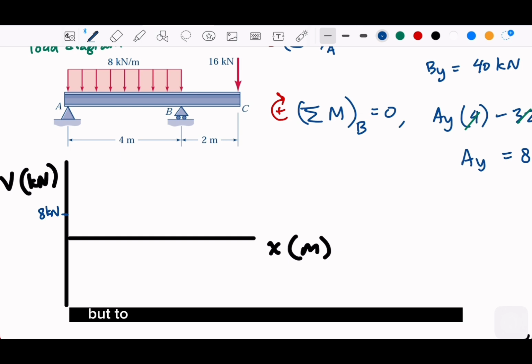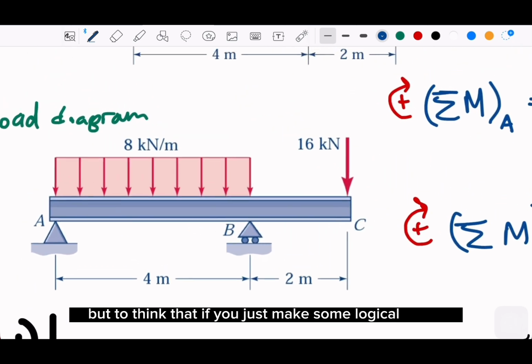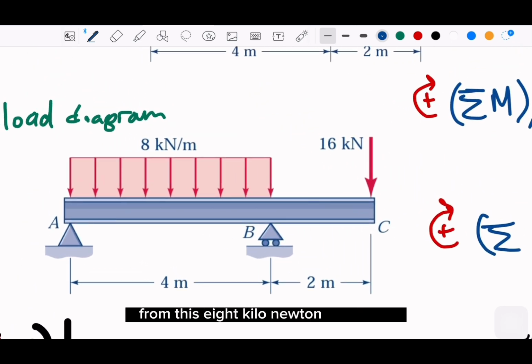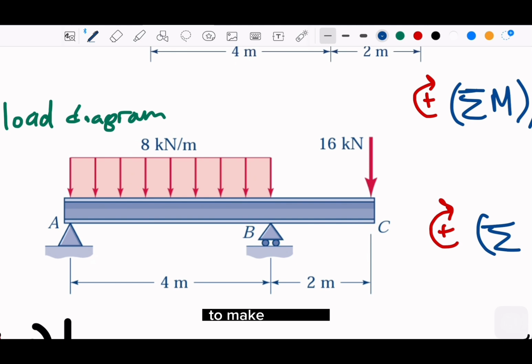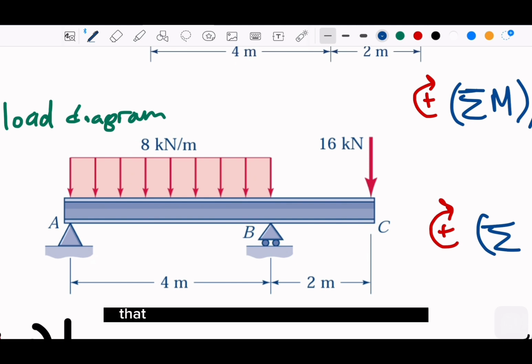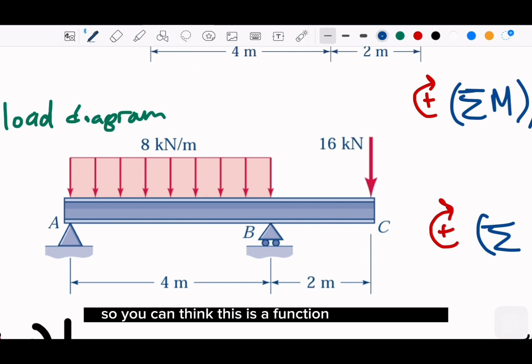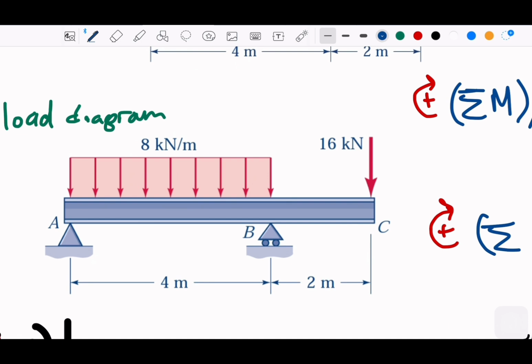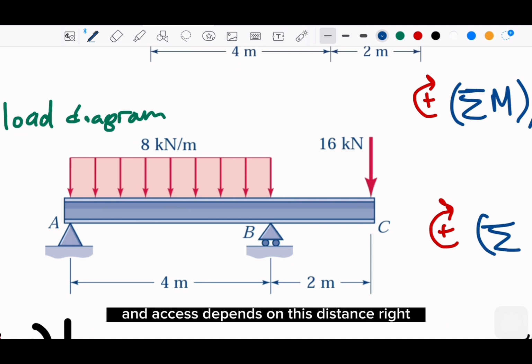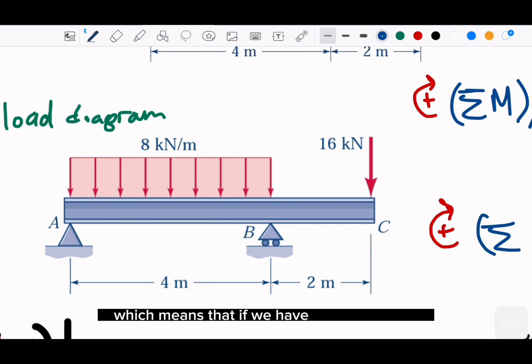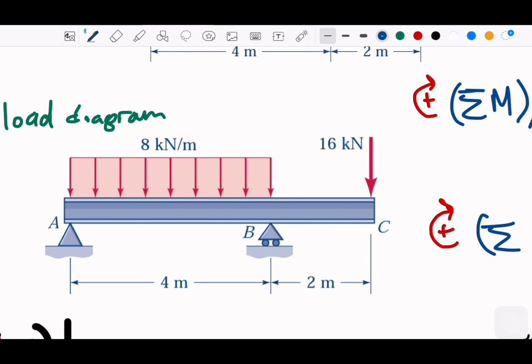But to make some logical sense from this 8 kilonewton per meter, to make this into just kilonewton, we need to multiply with the distance, right? So you can think this is a function. It's 8x, right? And x depends on this distance. Which means that if we have this function 8x, what is the slope? But it goes down here.